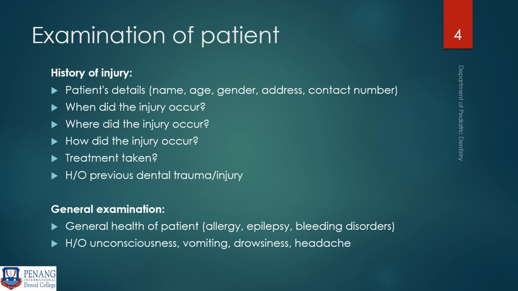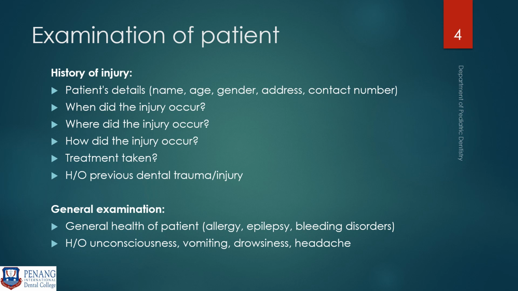Then lastly, in the history of injury, you must ask for any history of previous dental injury, because sometimes children are prone to dental injuries, and they keep having accidents at home or at school, and they present to you with previous dental traumatic injuries, and you have to be aware that this is a frequent happening, and then you have to take some definite steps to avoid future dental trauma.